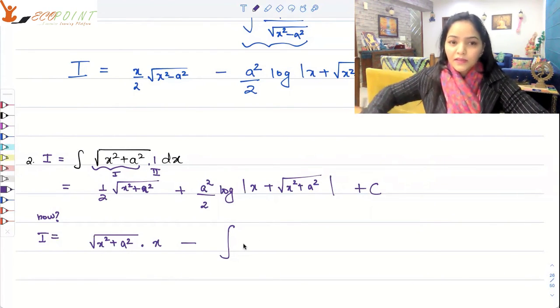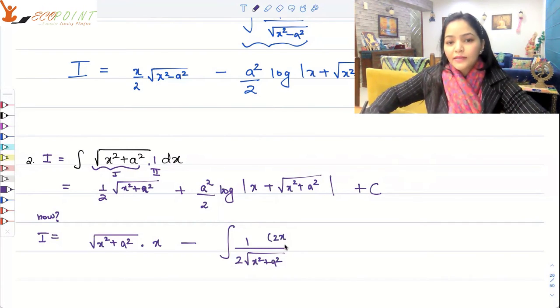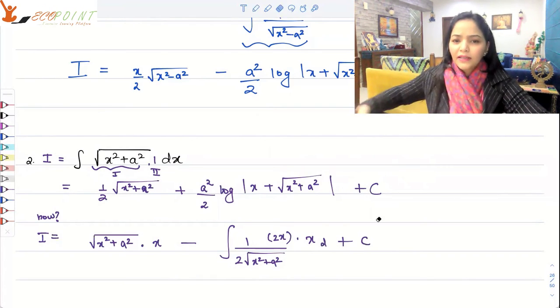Derivative of the first is 1 upon twice of square root of x square plus a square into 2x into x. Plus c is something that I generally write in the end, so let me not write it right now.